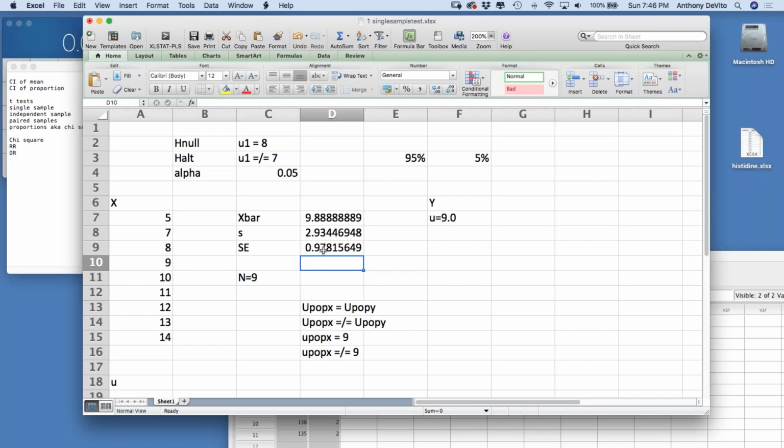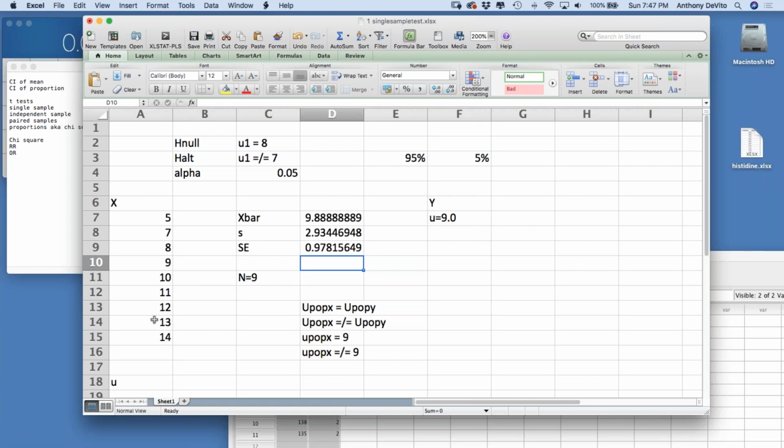If we were going to do a confidence interval for X bar, we would say X bar plus or minus the t-score for 8 degrees of freedom times the standard error. Then we take that calculated margin of error and add and subtract it from 9.88 to see the range that we're 95% certain contains the true population mean for the population this sample was drawn from.